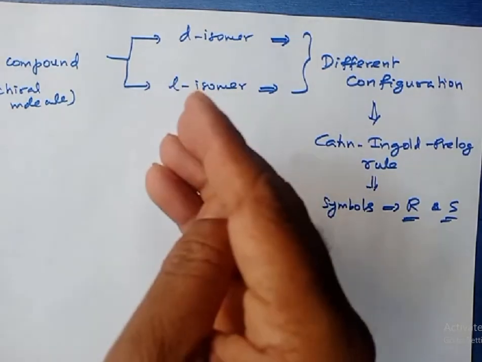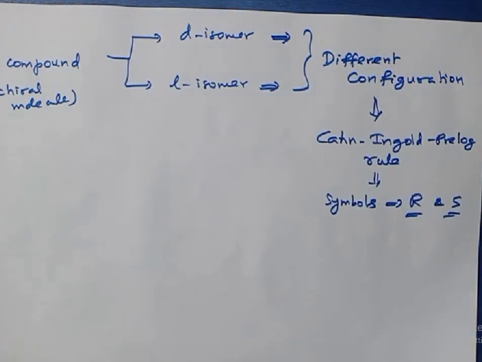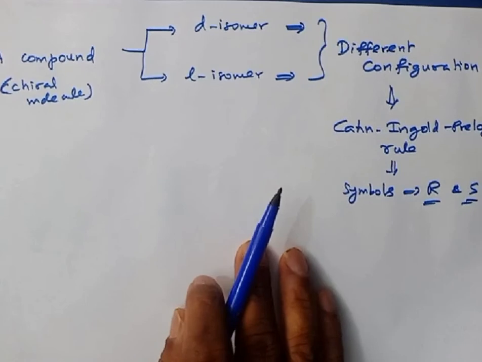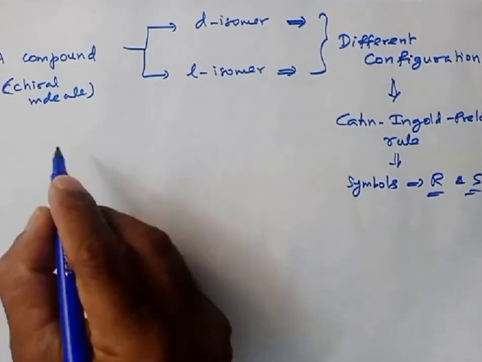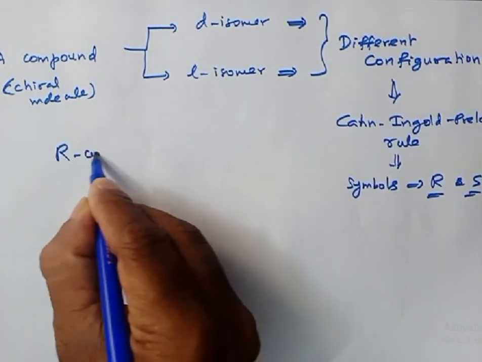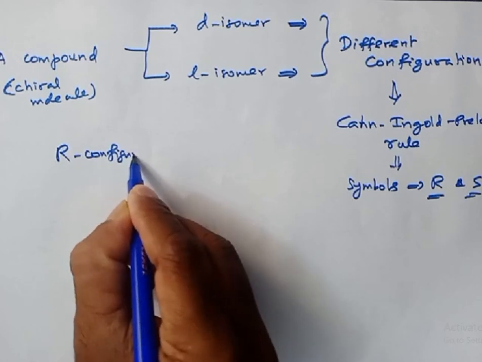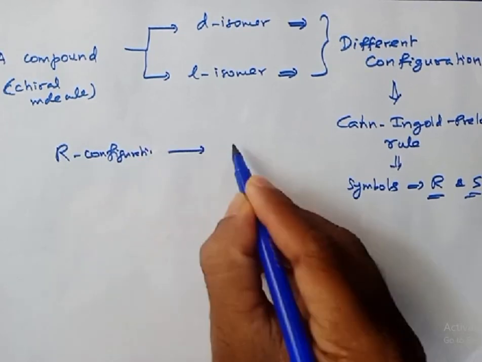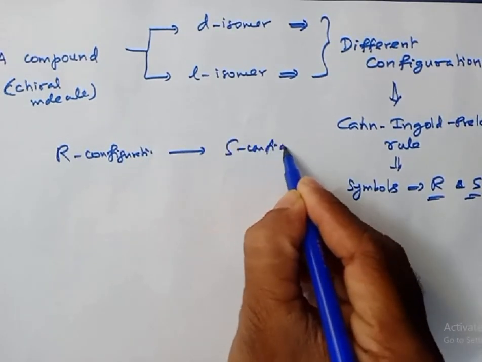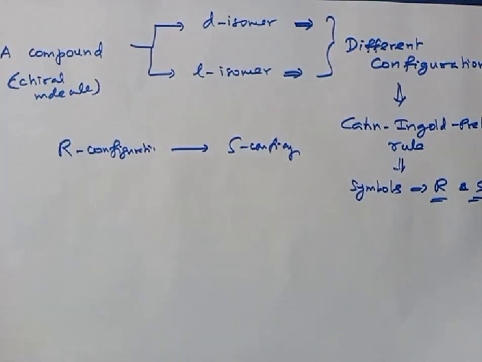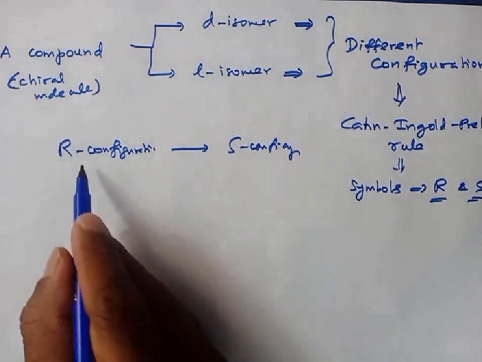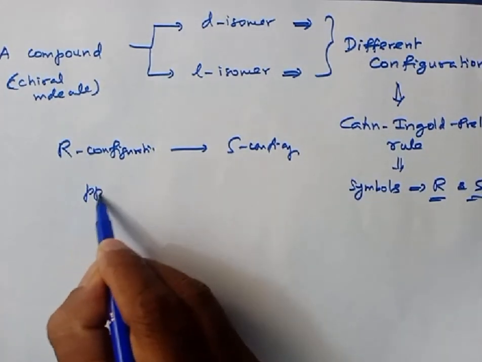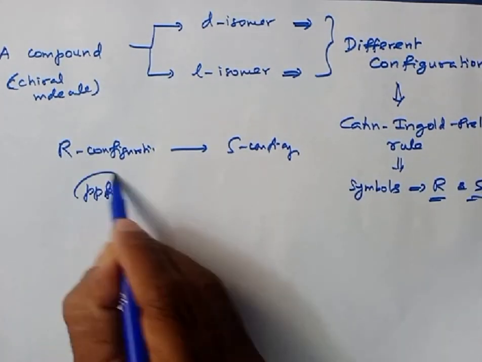What is meant by inversion of configuration? If the R configuration of a molecule becomes S configuration, it is called inversion of configuration. The molecule having R configuration may rotate plane polarized light clockwise.